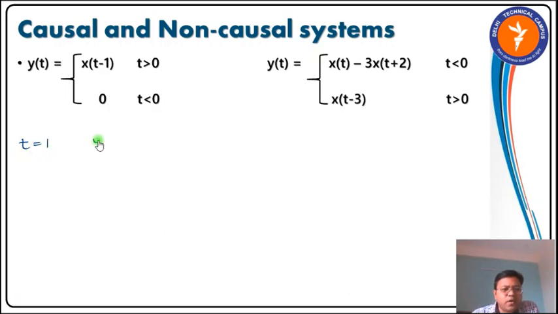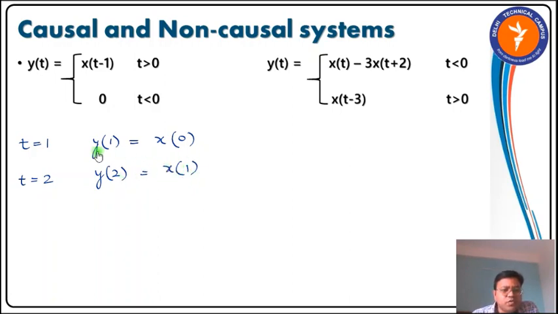At t equal to 1, y of 1 will be given by this equation, and the equation shows that y of 1 is equal to x of 0, and at t equal to 2, we have y of 2 equal to x of 1.